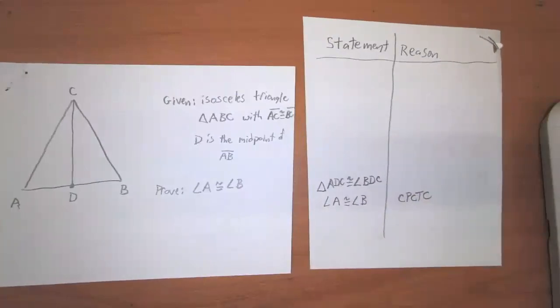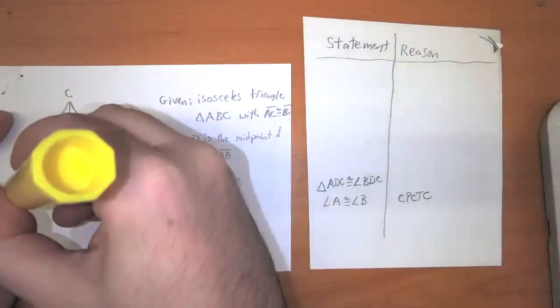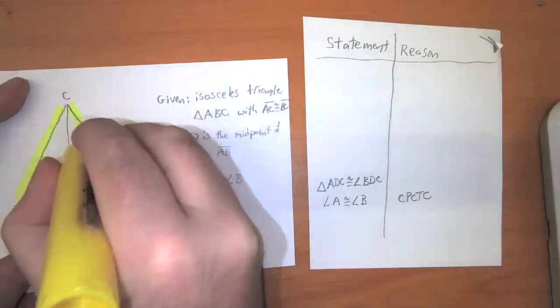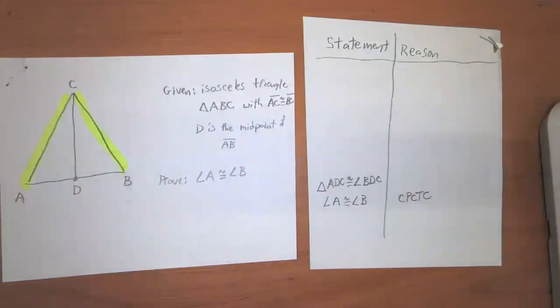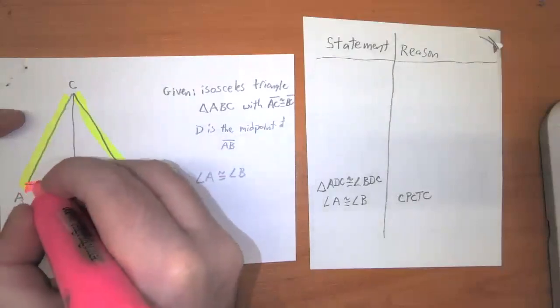All right. So let me use my highlighter to indicate where these corresponding sides would be. When I reflect from here to here, what sides line up with each other? So those two yellow sides would be corresponding sides.